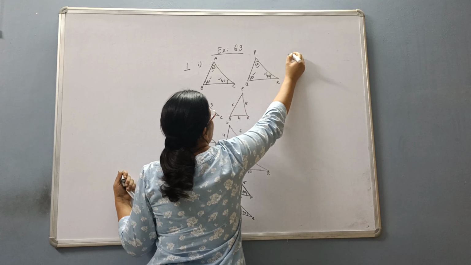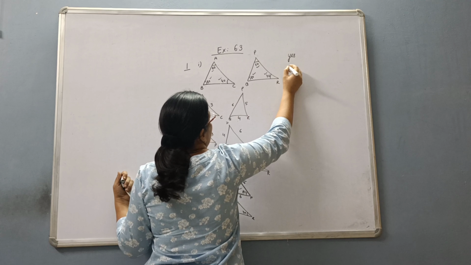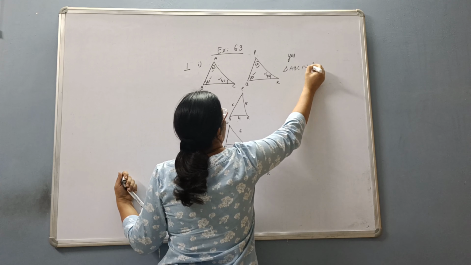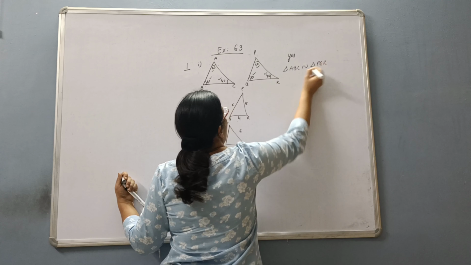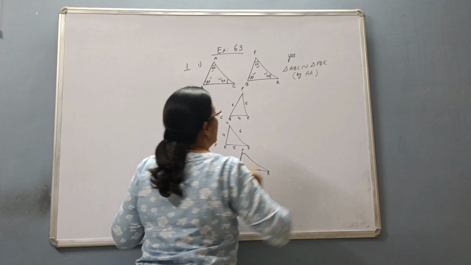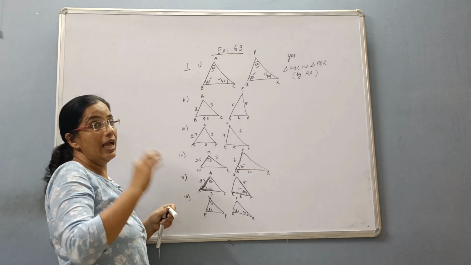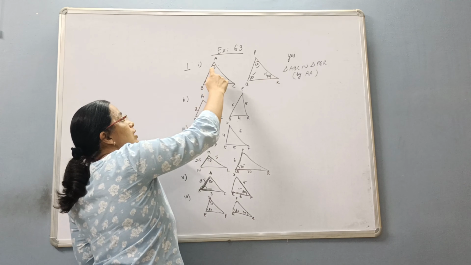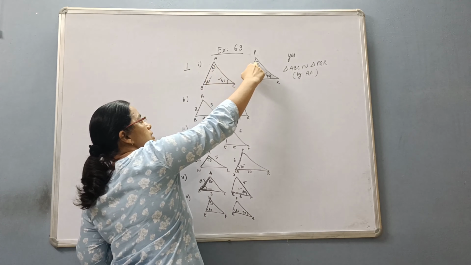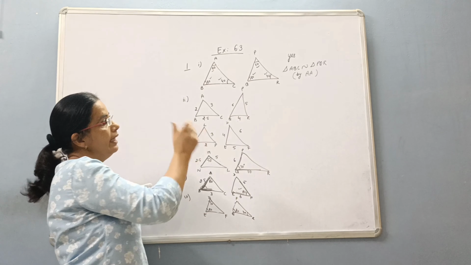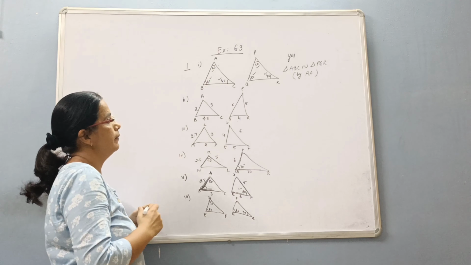So, whether the triangles are similar, you can write yes, the triangle ABC is similar to triangle PQR by AAA similarity. And there is no need to write angle A, because if in two triangles, the two angles are equal, then the third angle is automatically equal. So we write only by AA similarity.